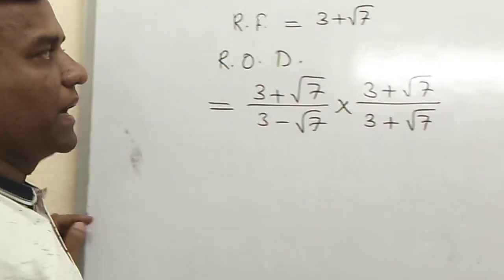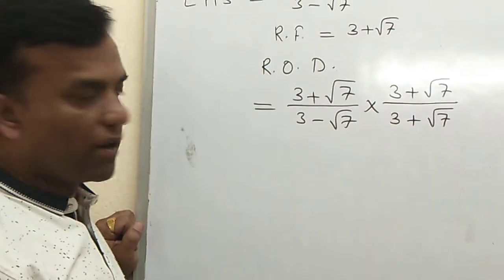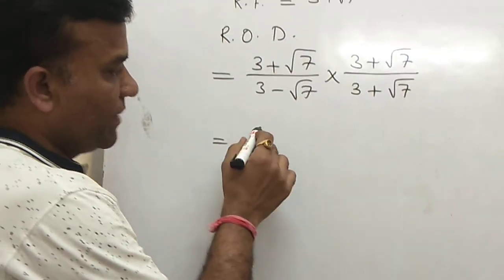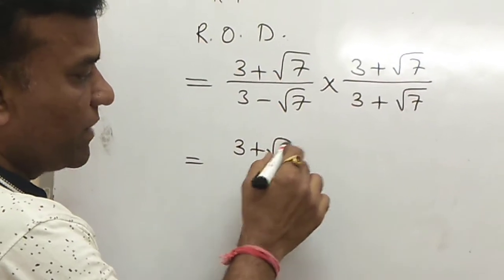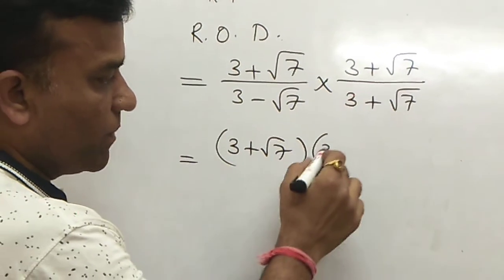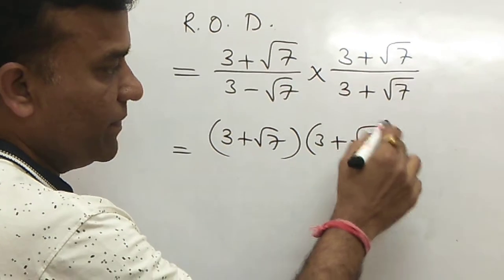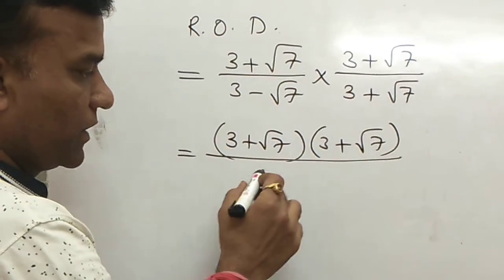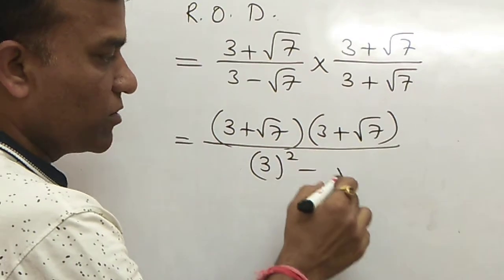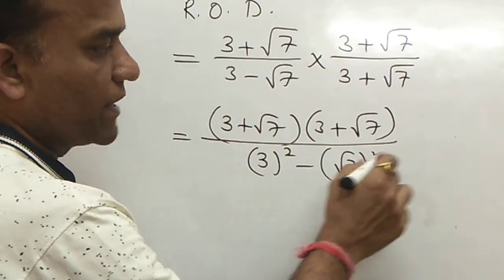Because RF is multiplied in numerator and denominator, the concept is the same. 3 plus root 7 is multiplied by 3 plus root 7, because both numbers are the same, and in the denominator you always use the condition of a square minus b square.